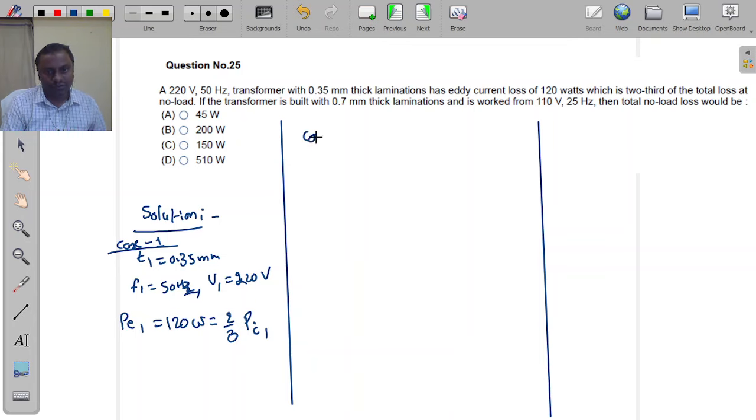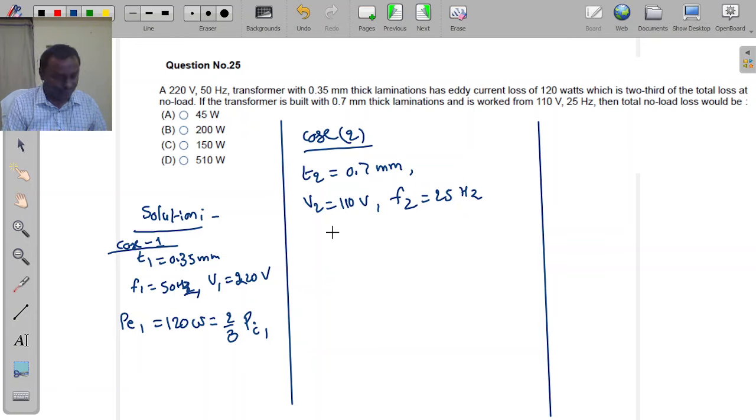In case 2, they have said thickness is now changed to 0.7 mm, and the voltage will become 110 volt, frequency will become 25 Hz. Now if you see the V by F ratio, V1 by F1 is 220 by 50.